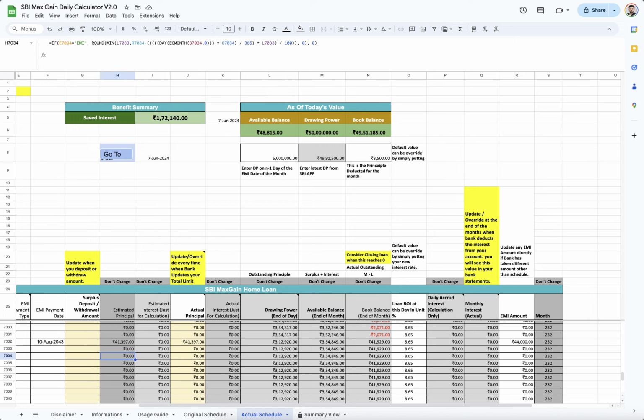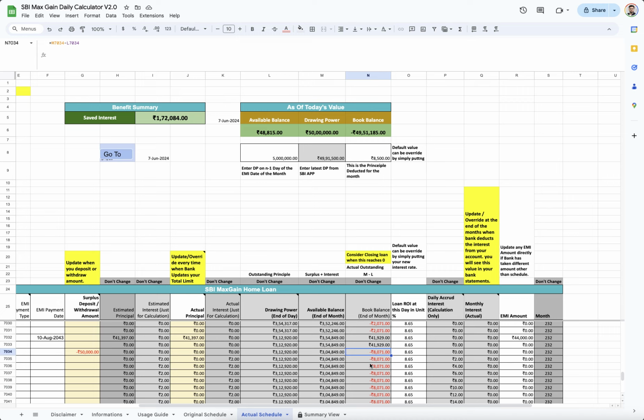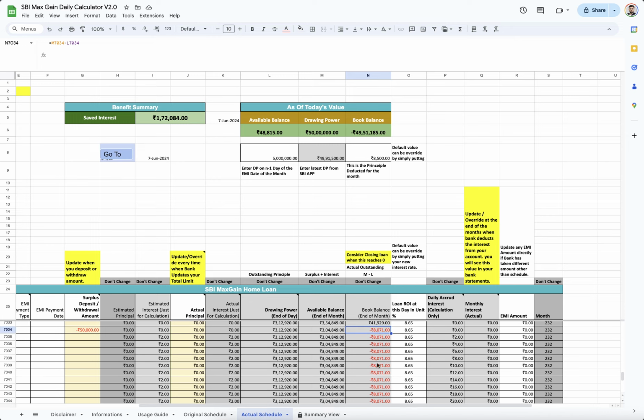So what I'm trying to say here at this point is, let's say if you withdraw 50,000, you see your book balance remains negative, and it will start taking some interest amount, right?